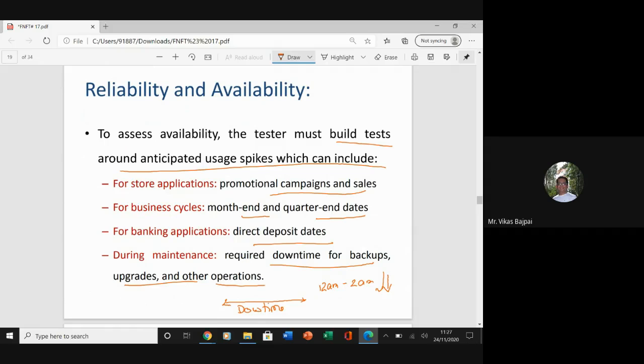Any system running 24/7 needs to be updated for extra functionalities, to meet the competitors, to add some patches, to remove some bugs. So there will be downtime for sure.